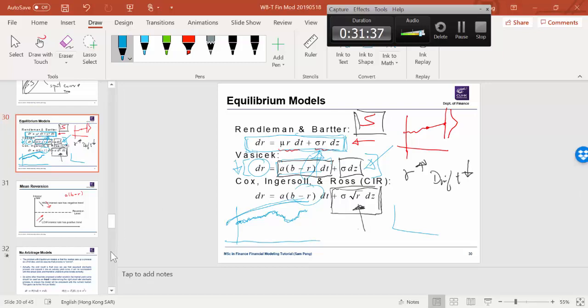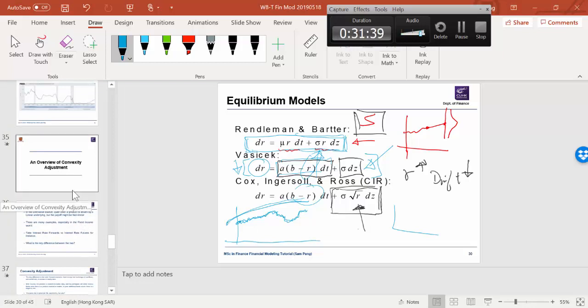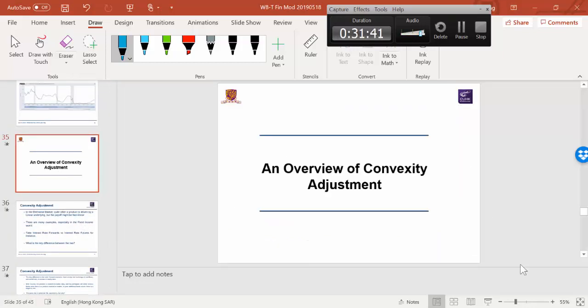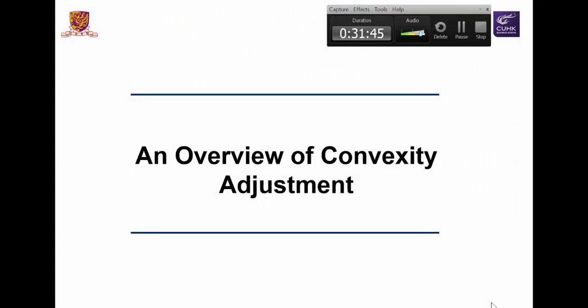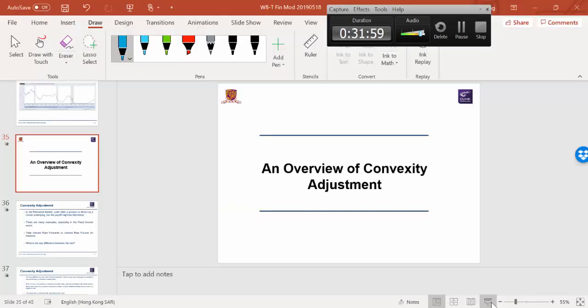Now, what I want to do is actually share with you a little bit regarding this topic of convexity adjustment. I know I have asked you before, but allow me to ask again. So no one discussed this with you anywhere else? Did you talk about this in derivatives market?